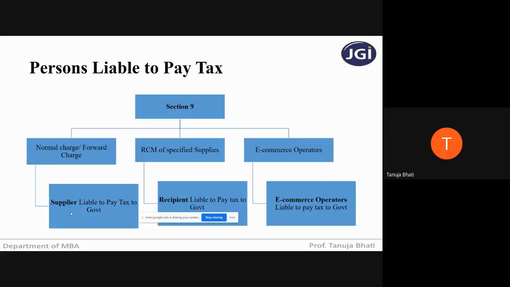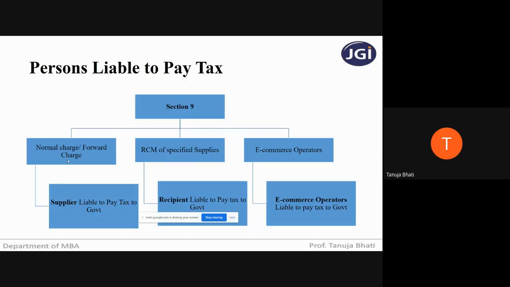Irrespective of the turnover, if any person is making interstate supply, even if the turnover is below the prescribed limit, they are required to take registration under GST. That means they are persons liable to pay tax under the forward charge.